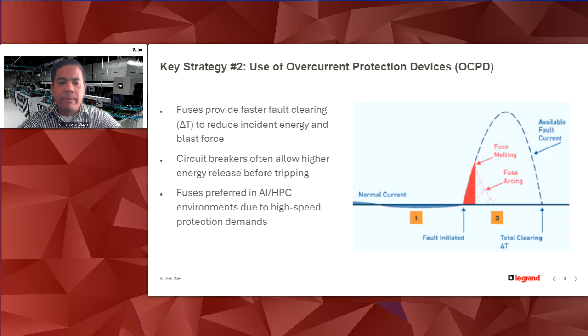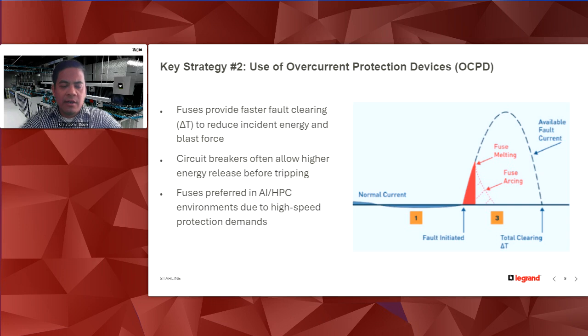So fuses clear quickly, which results in lower incident energies from an arc flash perspective. But not only that, with this migration to higher power infrastructure, we are seeing an increase in available fault currents at the busway system, upstream and downstream.